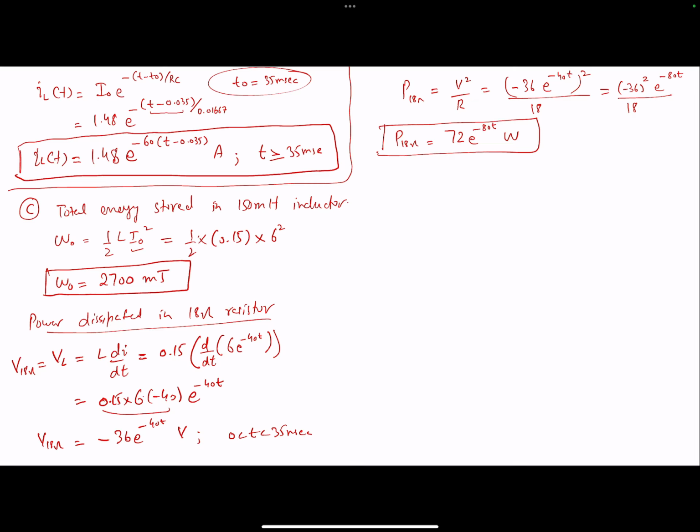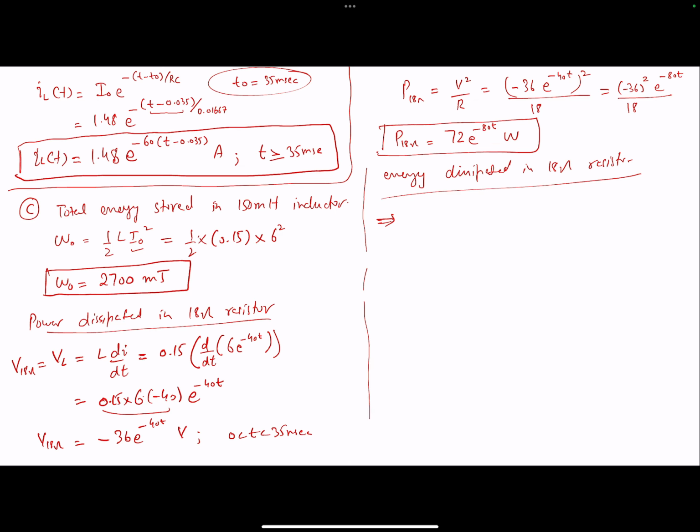So once you find it out, now you have to find the energy dissipated in the 18 ohms resistor. We have done similar problems in the past along with some of the derivations as well.